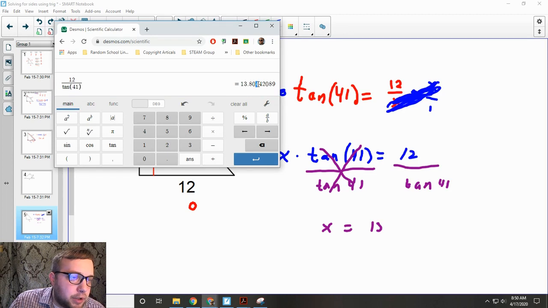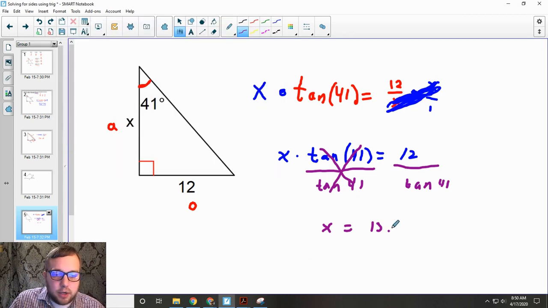The 4 here means I'm going to round down, so it's going to be 13.80. Does that make sense? Could this be 13? If this is 12, yeah, I could see this being 13.